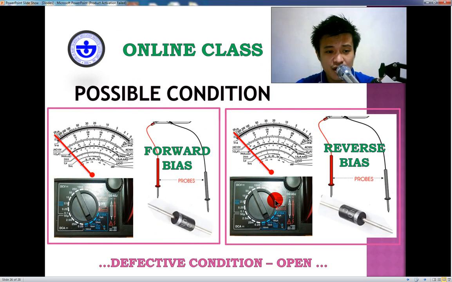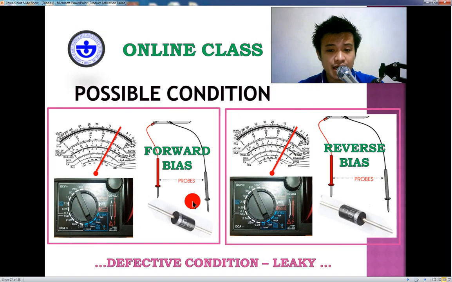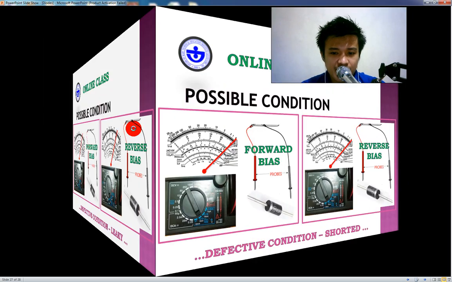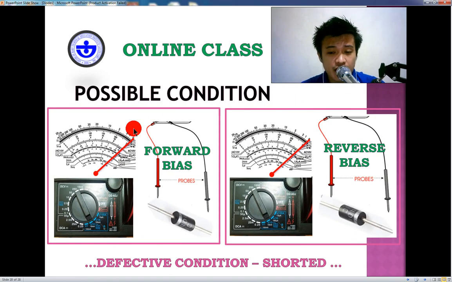For open condition, during forward and reverse bias, the reading is infinite, so the needle pointer does not move at all, does not deflect at all. And during the leaky, there is a reading of low but not zero during forward or reverse bias. And lastly, if it is defective under shorted, then the reading that you get during forward and reverse bias is both zero.